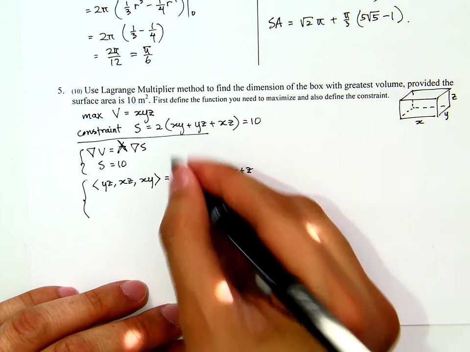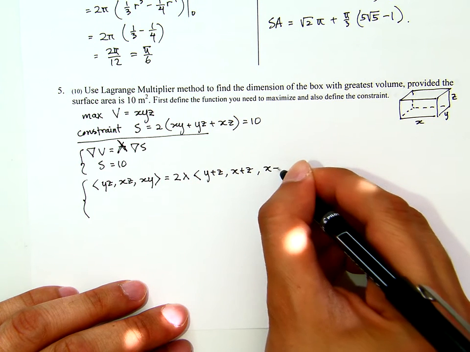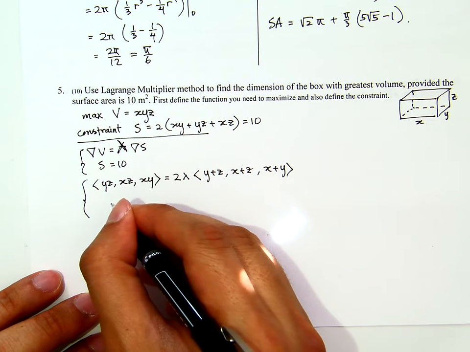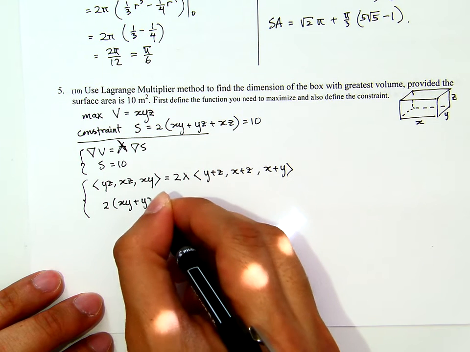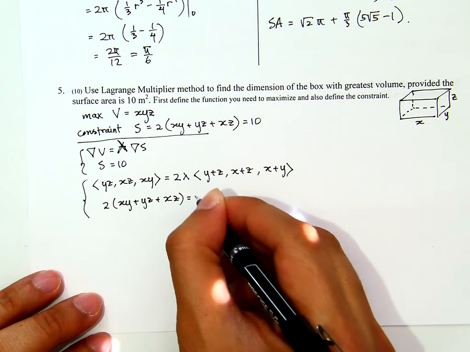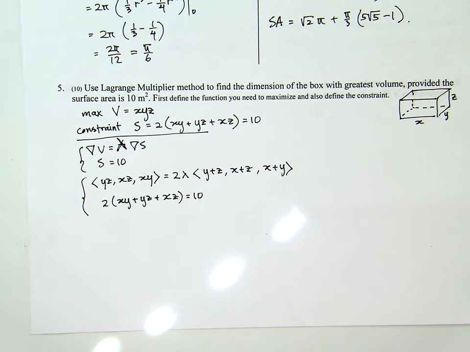I take the 2 out already. And again at the bottom, the surface area, 2 times (xy plus yz plus xz), this should equal 10.